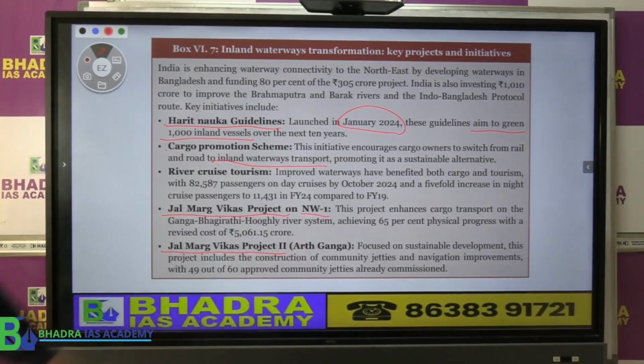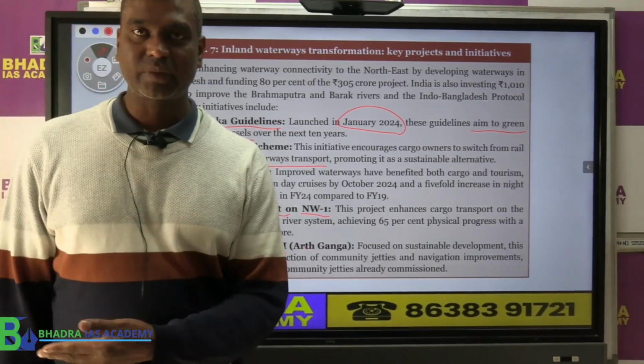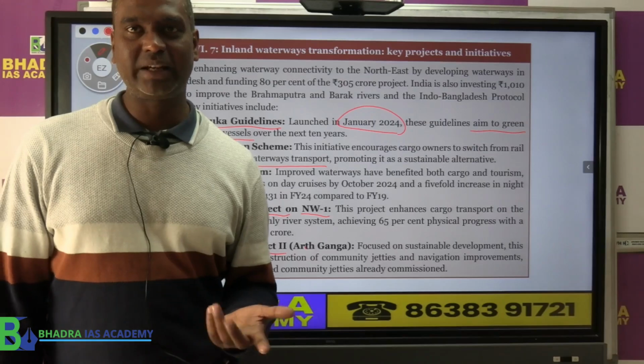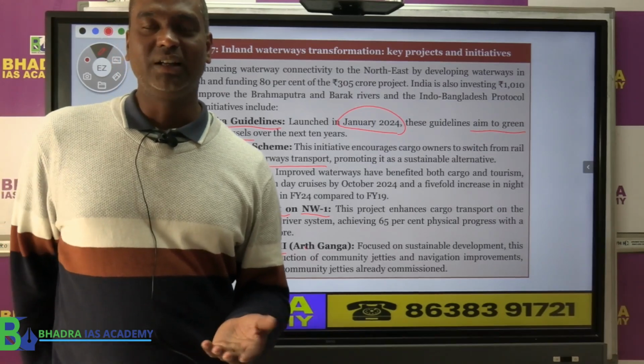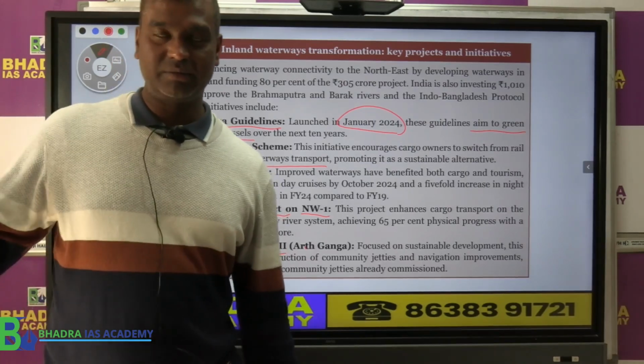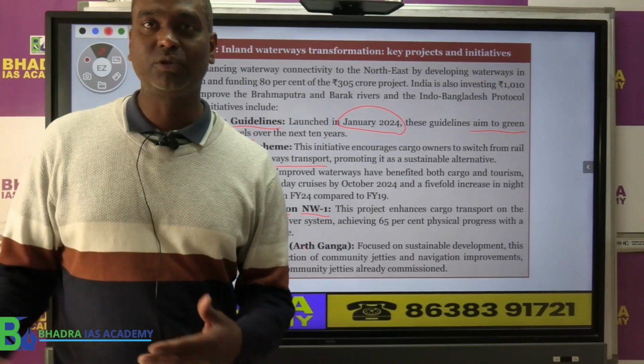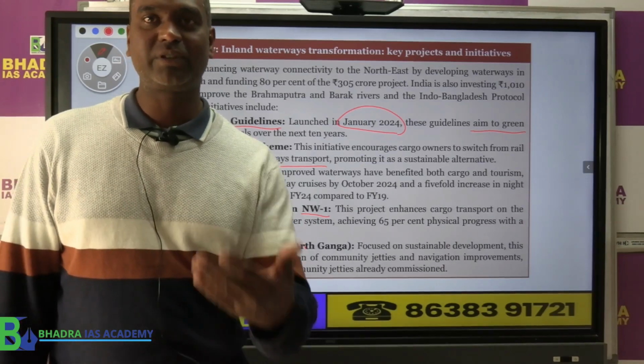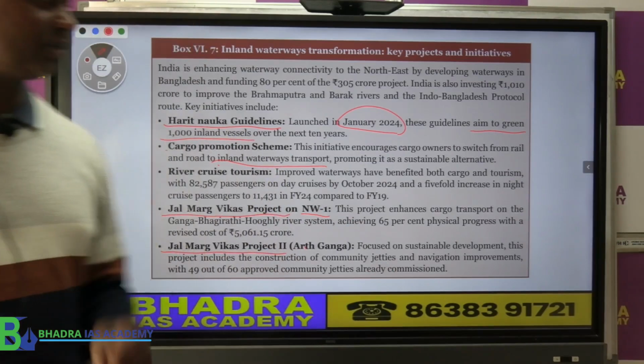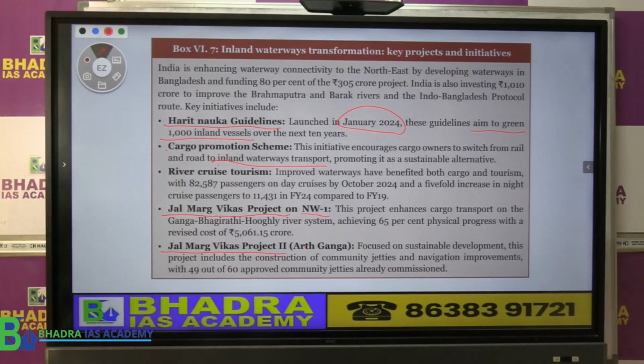Very recently, the Minister of Shipping and Ports also launched the Jal Vikas Marg, where ships and small boats are coming from Kolkata to Pandu. We have given that in the current affairs MCQ, and the PPT also.